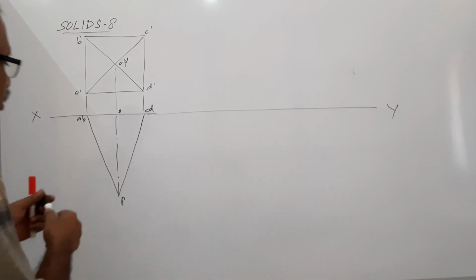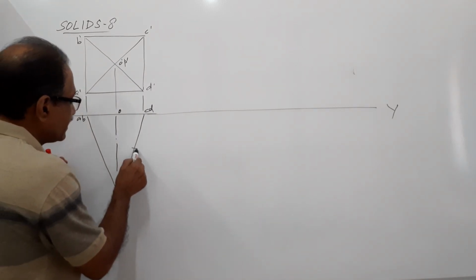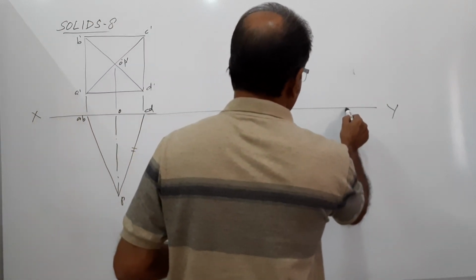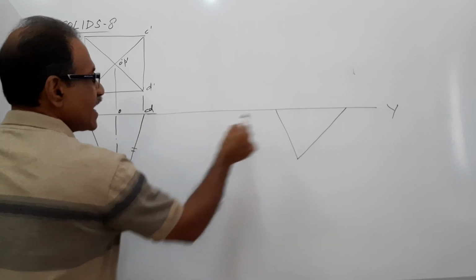Redraw the plan. How do you redraw? You redraw in such a way that this line comes on XY line.